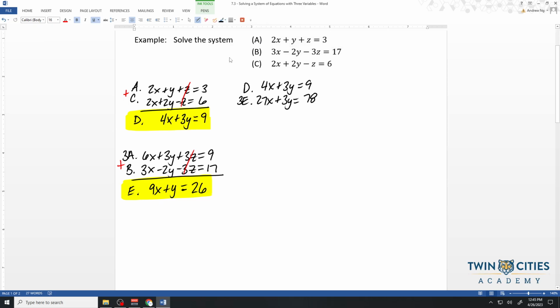Let's subtract. So 4x minus 27x will be negative 23x. This is equal to 9 minus 78 will be negative 69. And now I can solve for x. So I'll divide both sides by this negative 23. And x is going to be equal to 3.